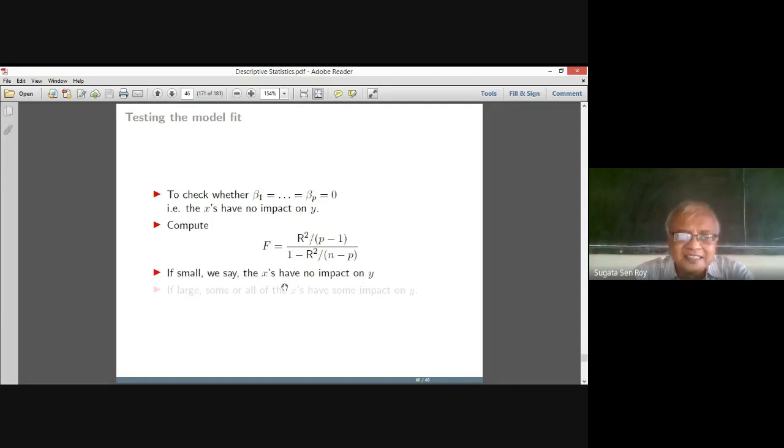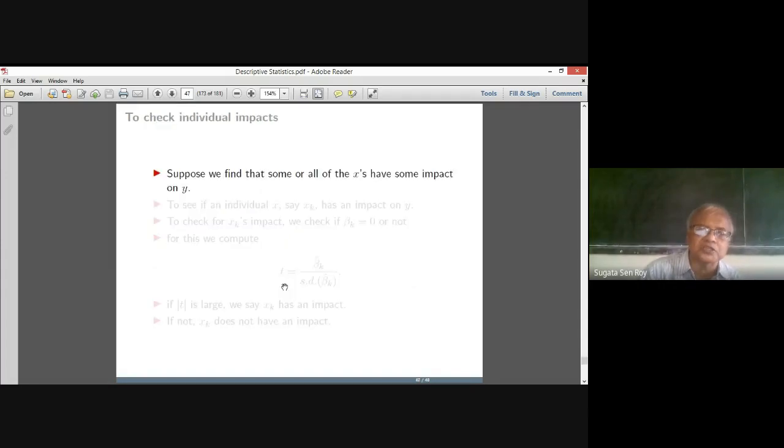Then you have the usual tests. First, if the test for all betas being 0 is rejected, your R square is going to be high. So you look first at the multiple correlation; if it is high, then you know the regression is good. Then you look at individual betas.